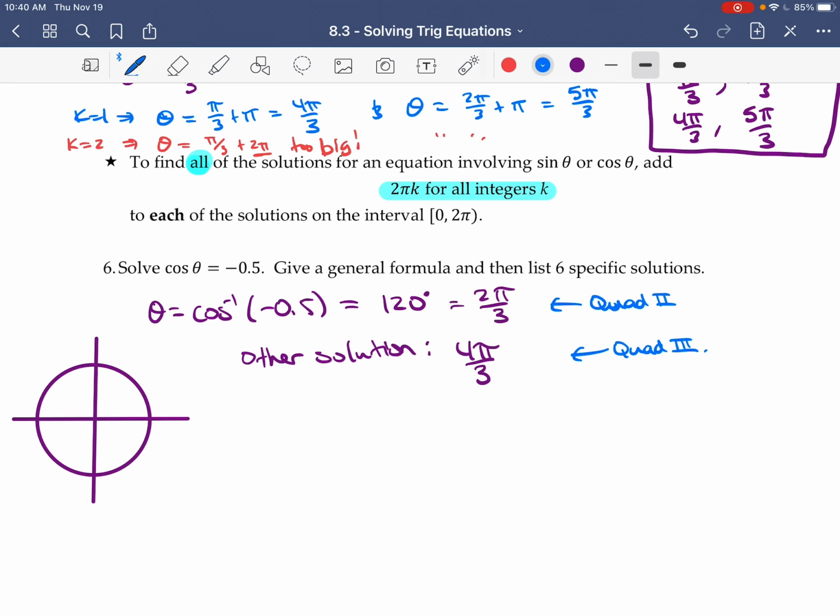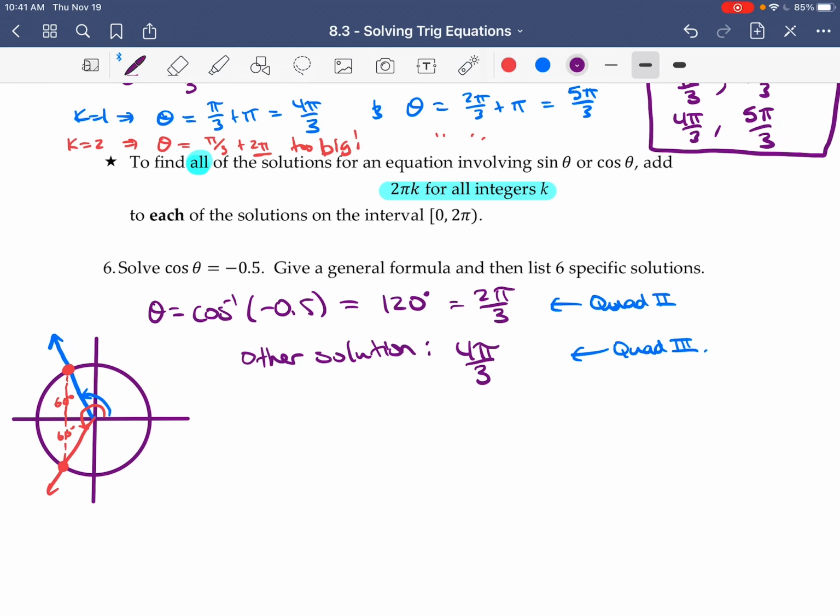So 2 pi by 3 is up here. To find our other angle, we want the same x value so that we have the same cosine value. So it's going to be like that, and the reference angle here is 60. So the reference angle down here is also 60. So that's why it's 240 degrees or 4 pi by 3.